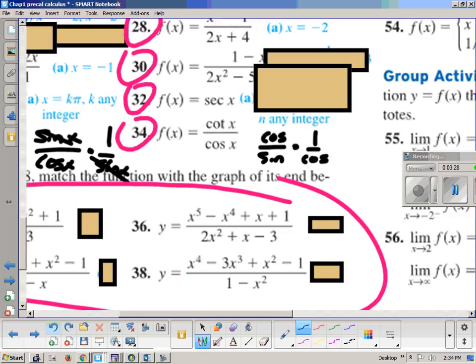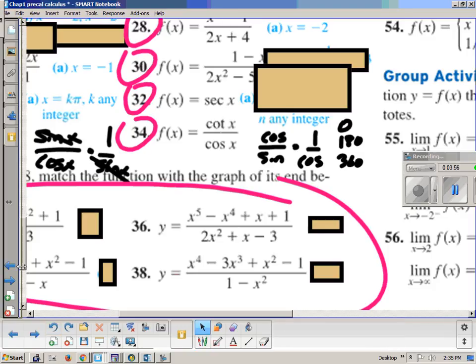So again, you're going to have problems with values where sine is 0. Cancel that, shame on me. When sine is 0, it's going to be 0 degrees, 180, 360, and multiples of that.